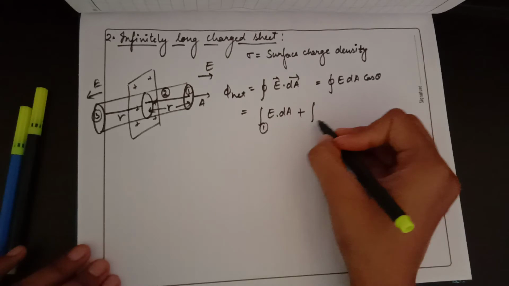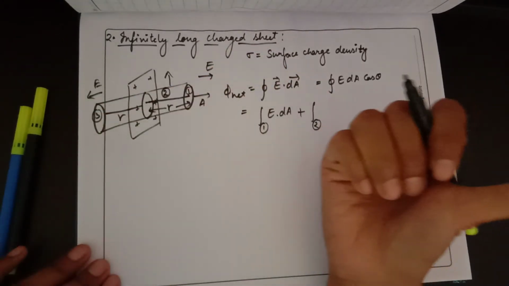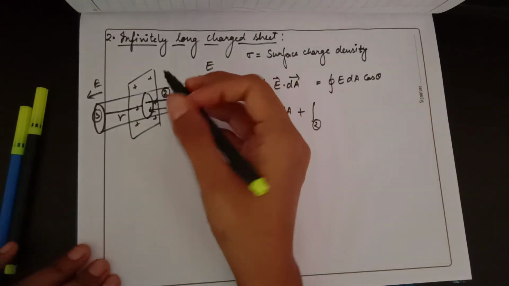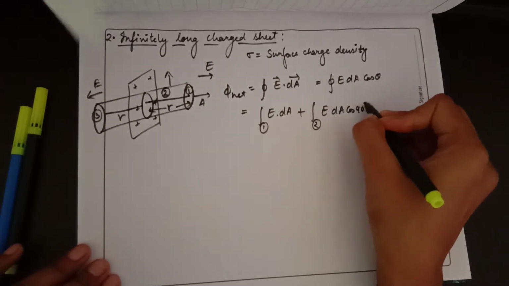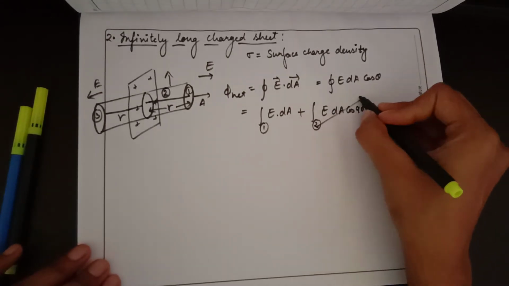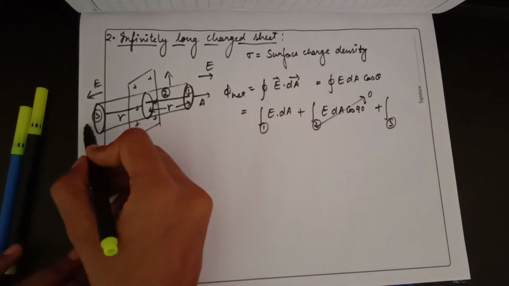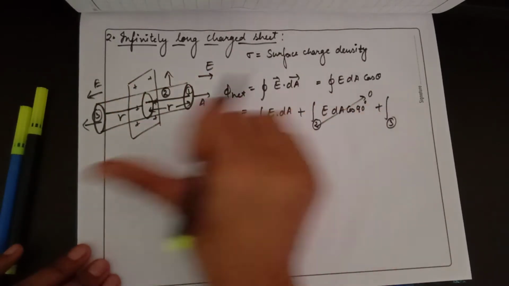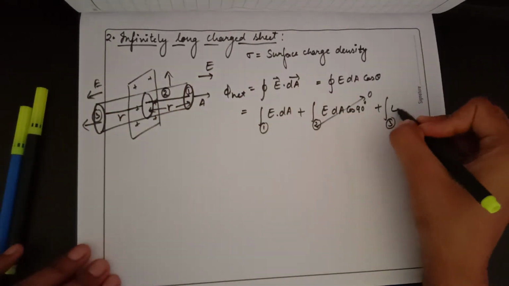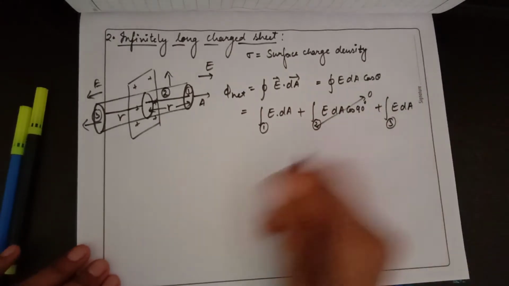And for surface 2, as you know, the area vector will be like this and E is outside, so the angle will be 90 degrees. This will give us E dA cos 90 degrees, which will be 0. And for the third surface, you can see from the figure, the area vector will be outward, and you can see the electric field vector is also in the same direction. So for this, theta will be 0 again. It will give us E dA.